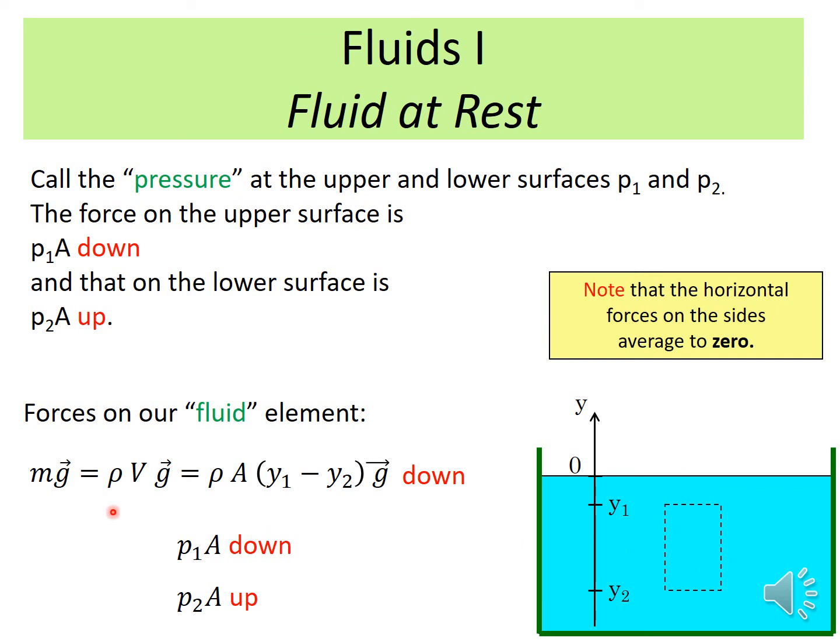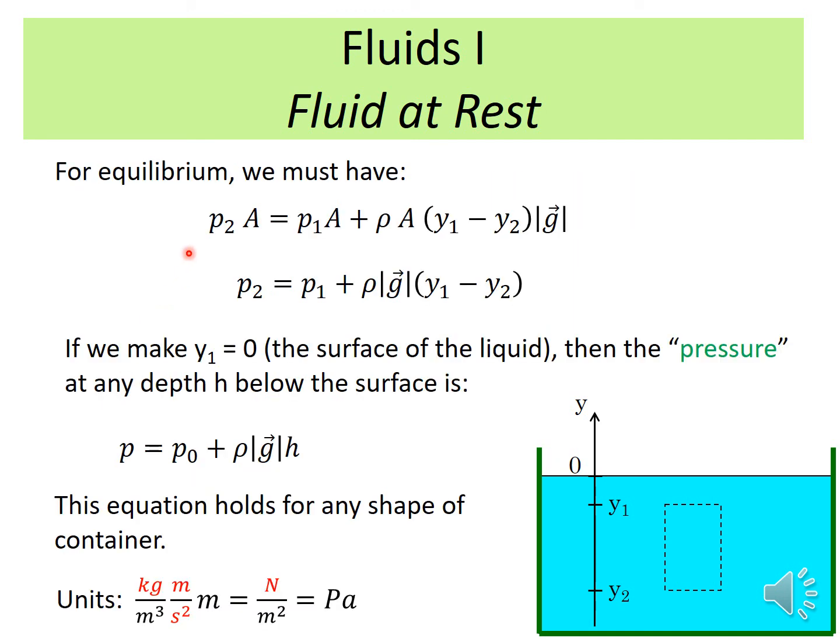These are the three forces I would have to put into my free body diagram. The weight is going down, the force P1A is pointing downward, and the force P2A is pointing upward. And these need to be equal, so all the downward forces need to equal the upward force in order to keep that piece of water from sinking or rising.